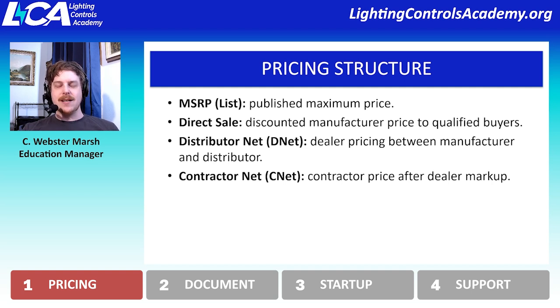Oftentimes you don't see a huge difference between DNet and CNET. It really varies. It depends on a number of factors that I'm not going to get into here, but just something to keep in mind is, again, direct sales the lowest, DNet is the next step up, and CNET is the next step up.